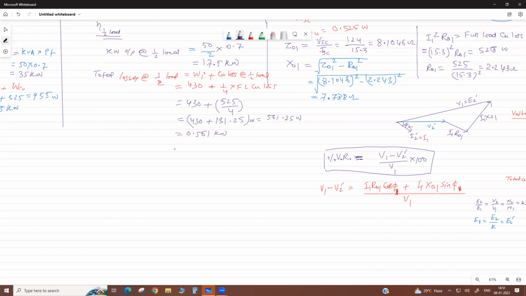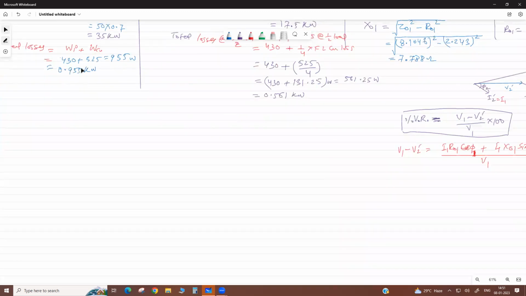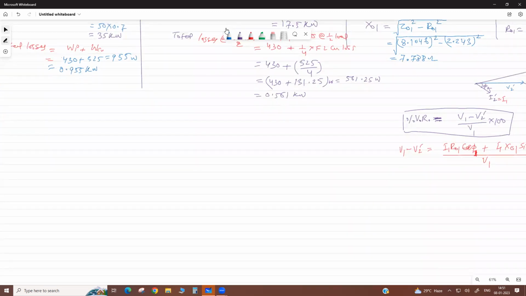This is the total loss. So this is the difference: at full load, and this is at half load.